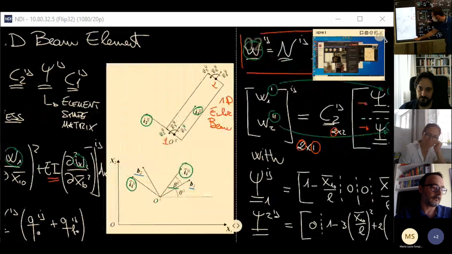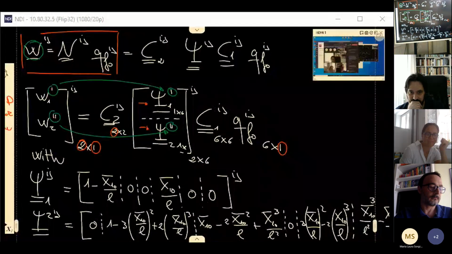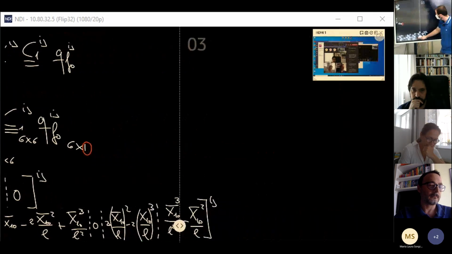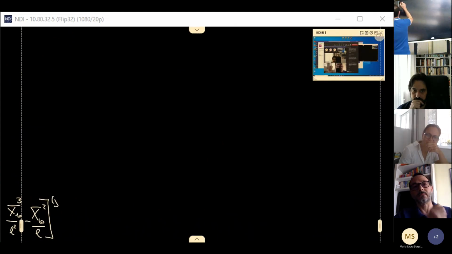So eventually we have to derive these two vectors. And it's a straightforward thing to do because they are two polynomials of up to the third degree. So this means, to sum up, that we can write the following.